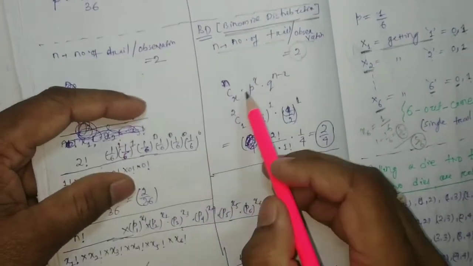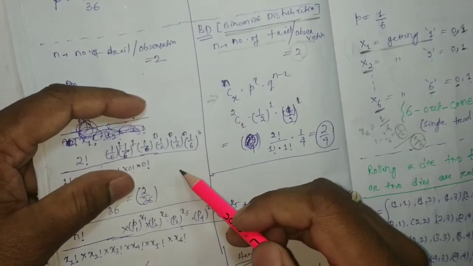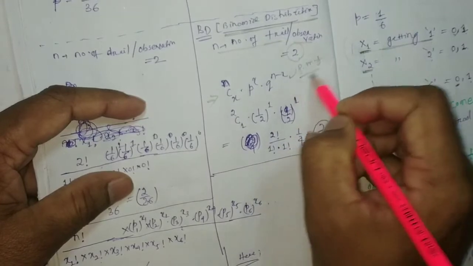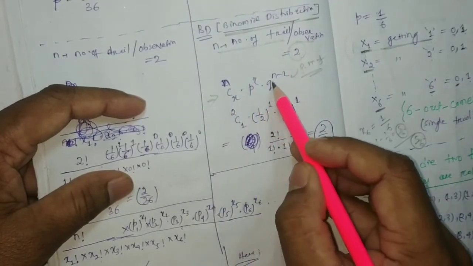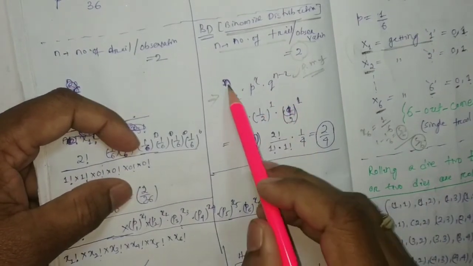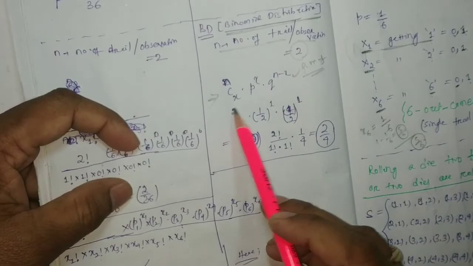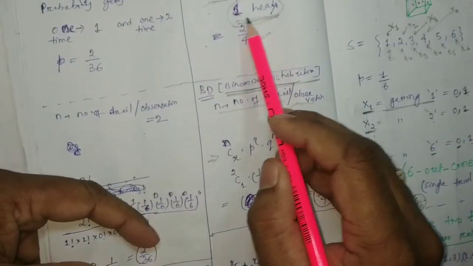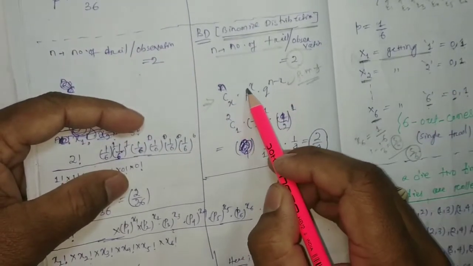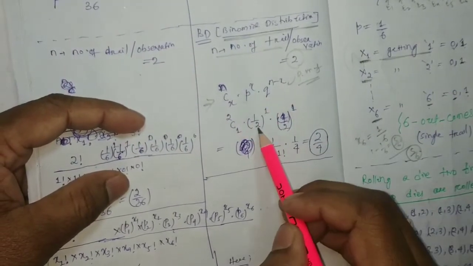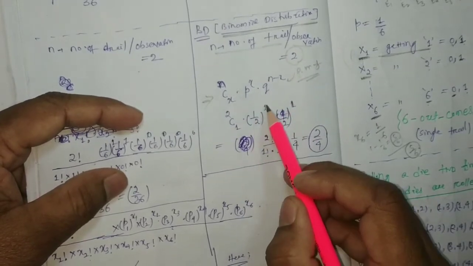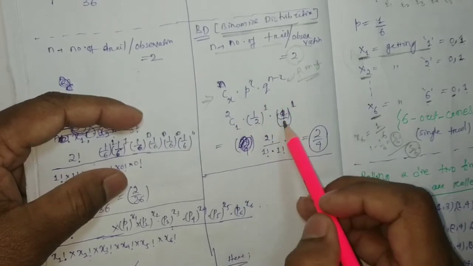We know the fundamental PMF of the binomial distribution is nCx p to the power x into q to the power n minus x.